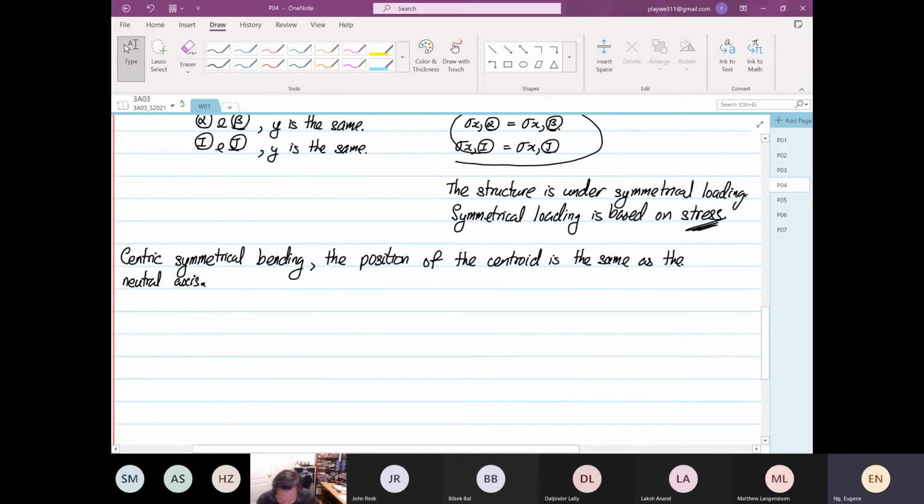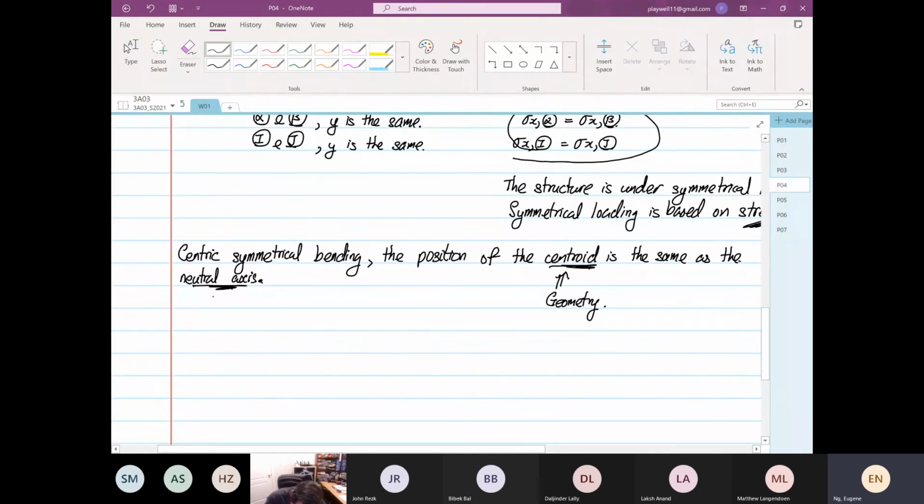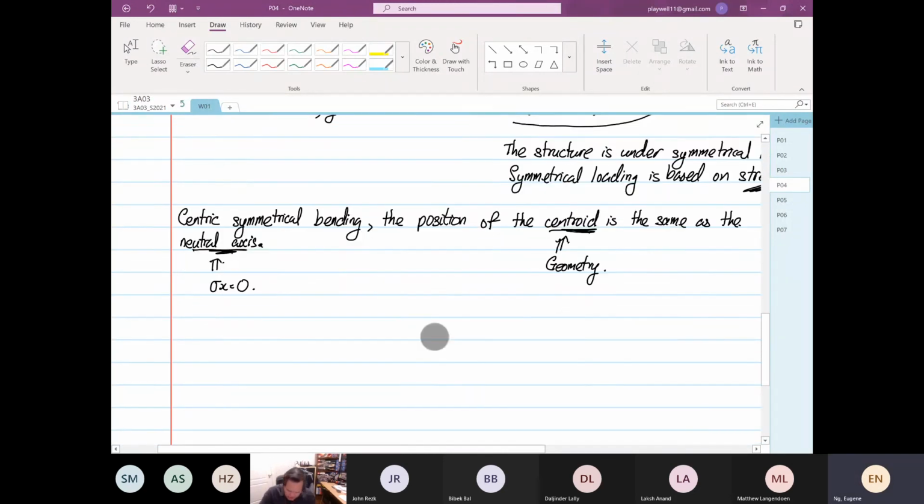For centric symmetrical loading, the position of the centroid is the same as the what? Neutral axis. To determine the centroid is just based on geometry. The neutral axis means stress X is equal to what? Zero. So what do we mean by stress X equal to zero?